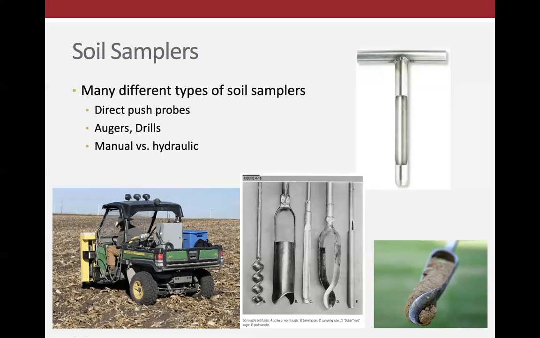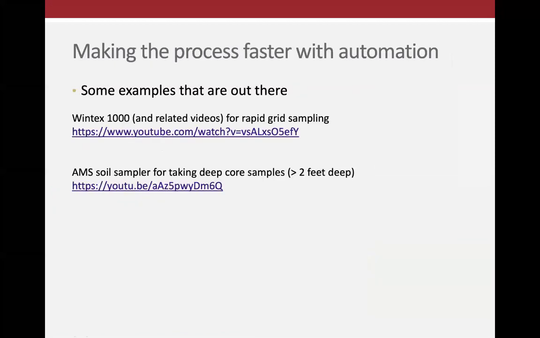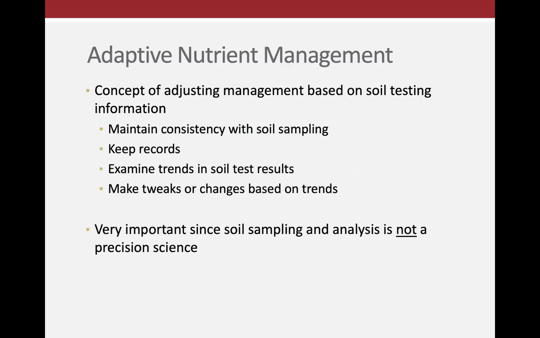So people have, not surprisingly, found ways to do this more efficiently, faster and cheaper. There's also deep core samples. Here's another video that you can look at if you'd like to see it. So there are different things out there for taking samples, all right?